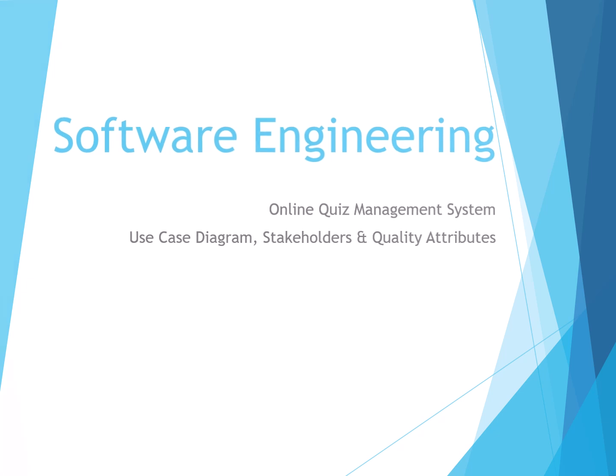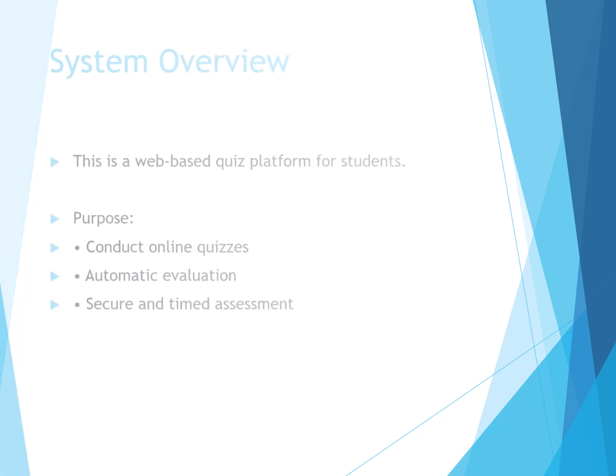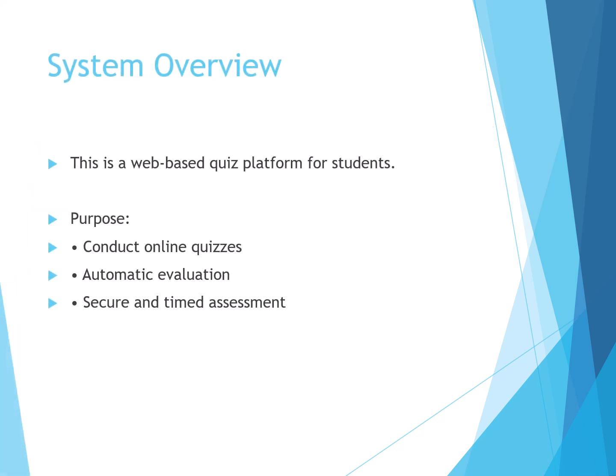So let's first understand what the system is. What we are going to discuss here is a web-based quiz platform used by an institute. We are taking an example of a web-based quiz platform for students.